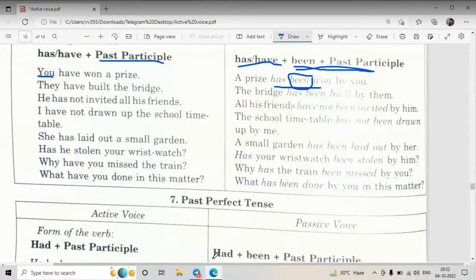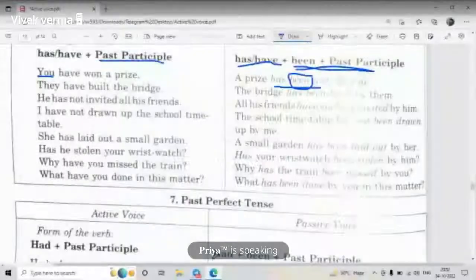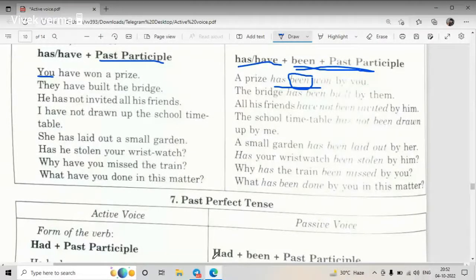Okay, so you have made some cakes. Am I right? Yes. So what is the passive voice formation of this? Some cakes have been made by me. Yes, that is a good formation. Have been. Yeah, some cakes have been made by me.